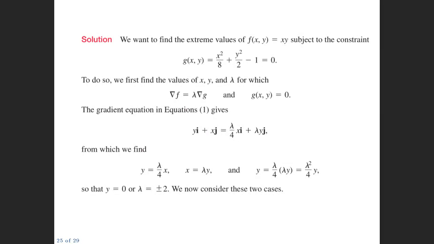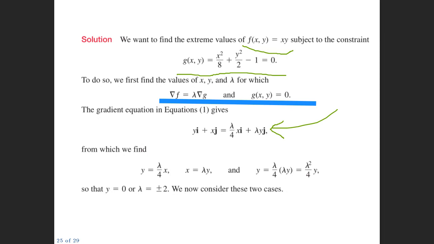So here we are. We have our f, we have our g. To use the method of Lagrange multipliers, we need to find x, y, and lambda such that nabla f is lambda nabla g and g is equal to 0. Start with the first equation. Nabla f is just yi plus xj.